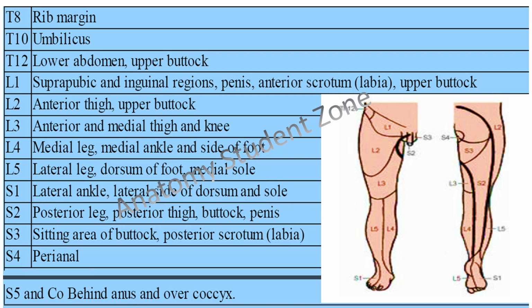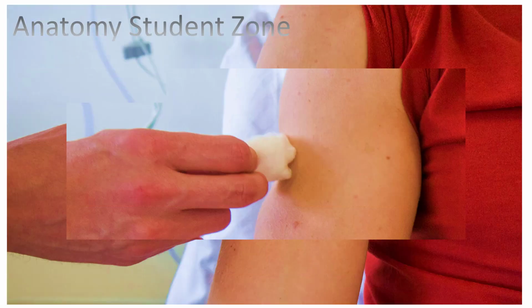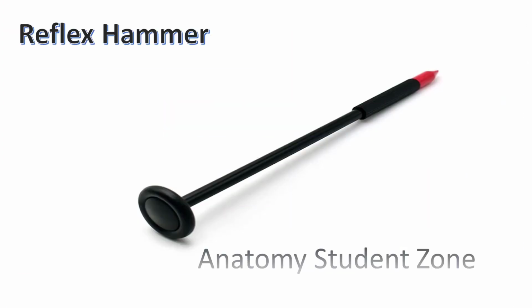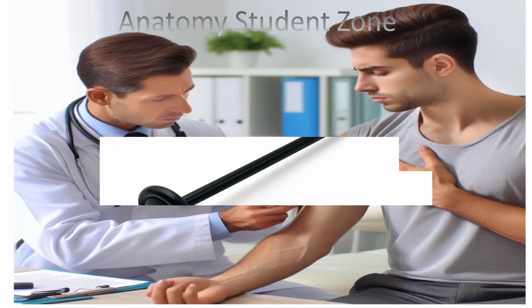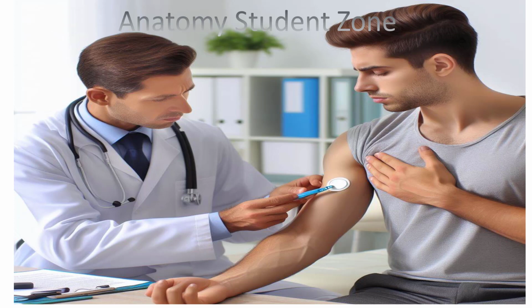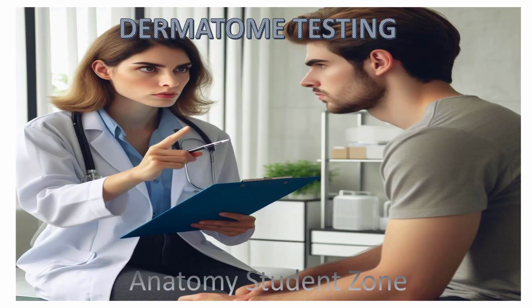To test these dermatomes, you will test along the areas of the concerned dermatome that I have already told you, using a cotton bud or a pin. You can also use the end of a reflex hammer instead of a pin on the clinical side. The point that you should not forget while testing is to describe it to the patient and take consent.